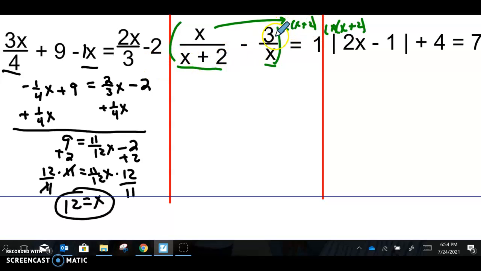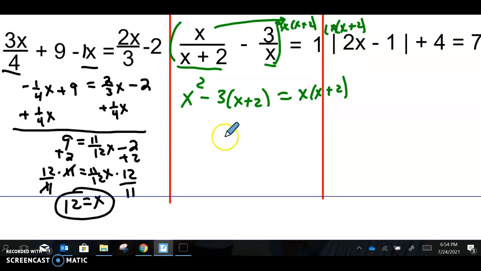Do you see that? So I just have x times x, which is x squared, minus, when I multiply the 3 over x times this, the x's cancel. So I have 3 times x plus 2, and on the other side, I have 1 times x plus 2.